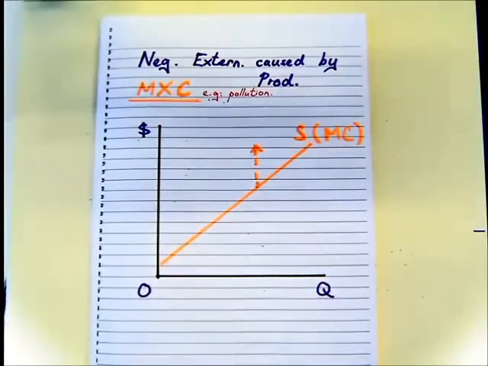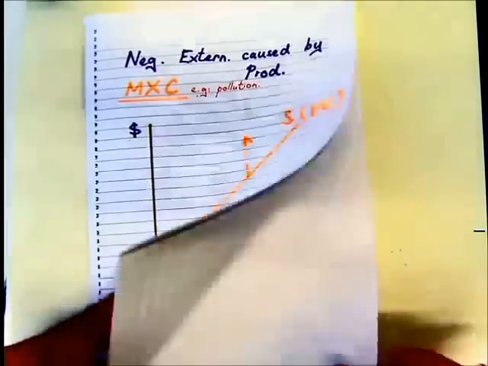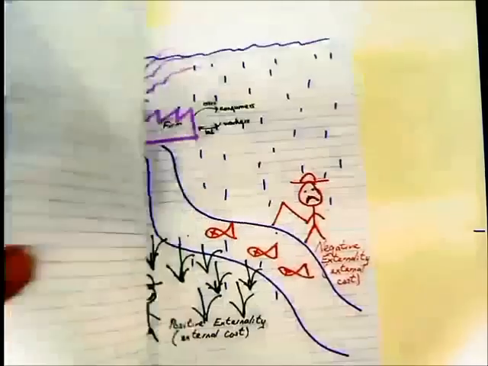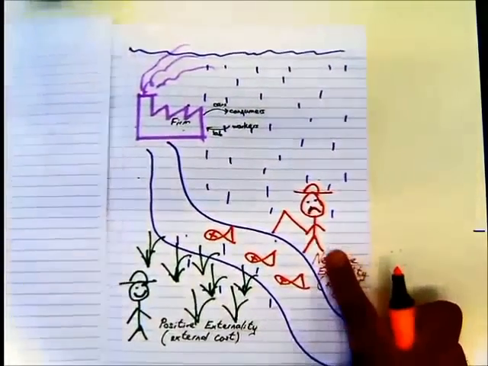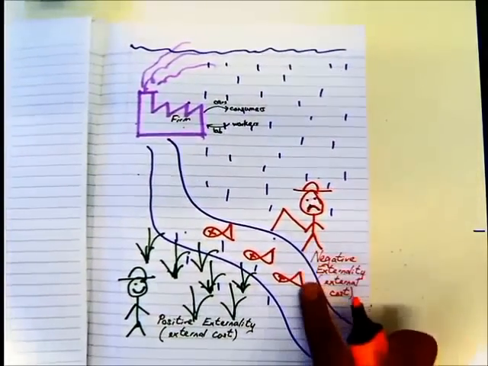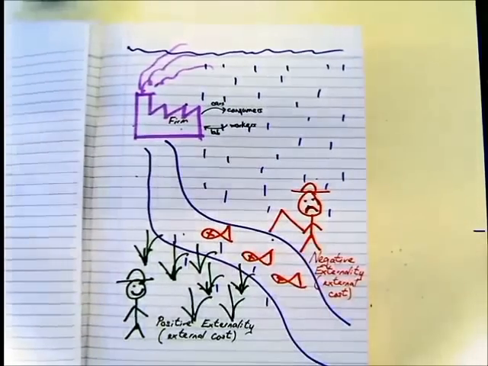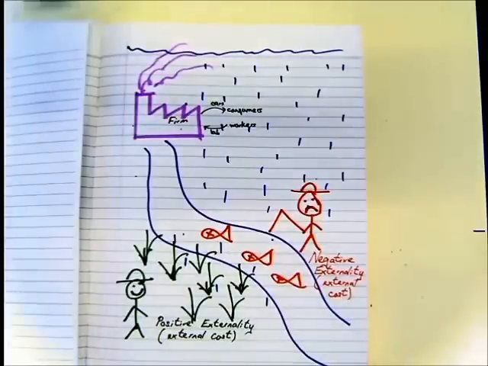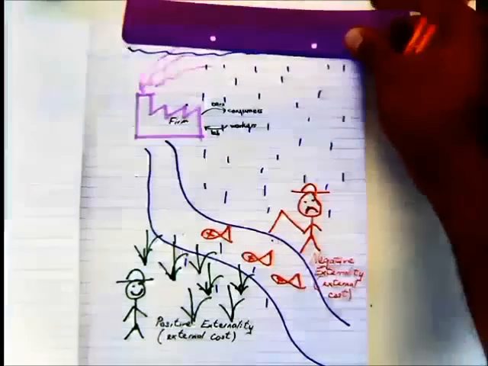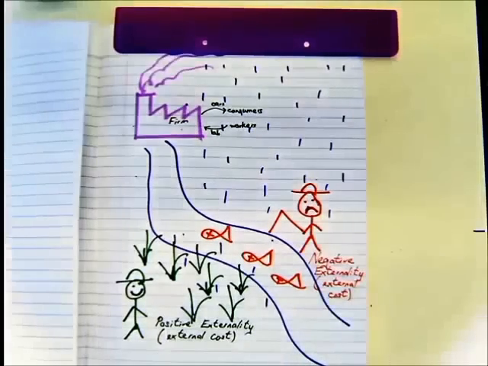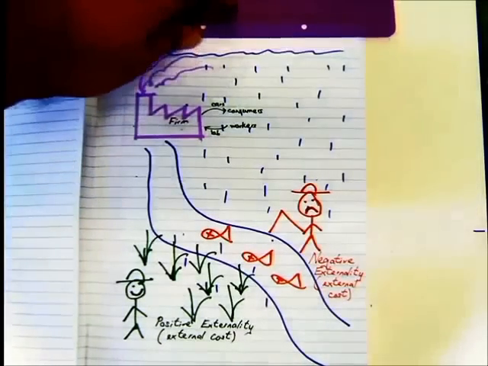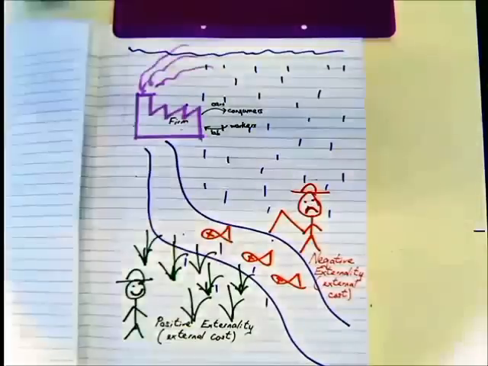So let's say the firm had to pay the fisherman for the negative externality the firm caused upon the fisherman. If the firm was somehow legally responsible for compensating the fisherman for polluting the river, it would have a higher marginal cost.